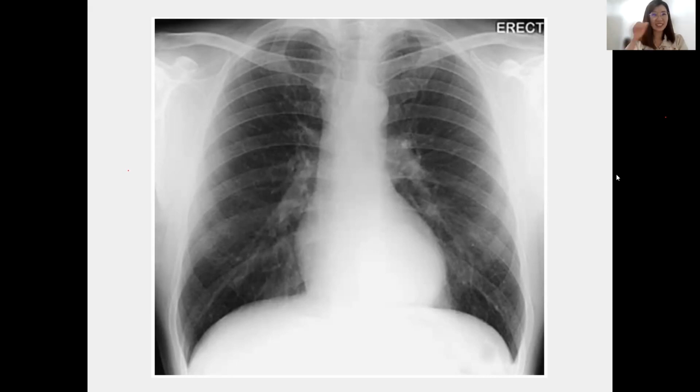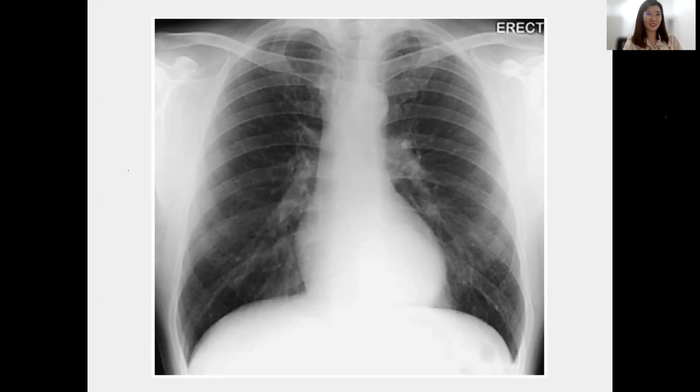Okay. Somebody asked a question, but we want to know what is wrong with this. We will answer your question later, how to differentiate consolidation and nodule. But anyone with this answer? I'm also trying my best. Is there a mass over the left side in the middle? Left hilar mass. Okay, I also think so.